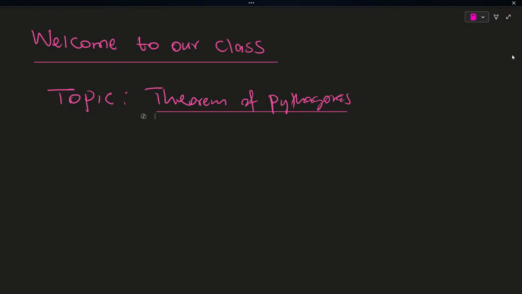We are going to focus on the theorem of Pythagoras, which we will use even in grade 10, grade 11, and grade 12. You can't get tired of the theorem of Pythagoras.